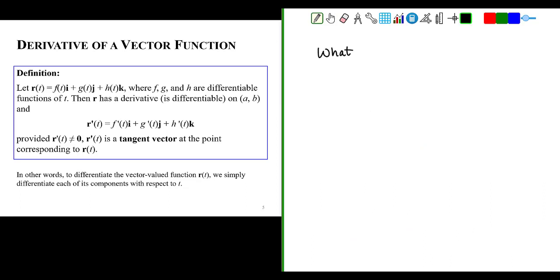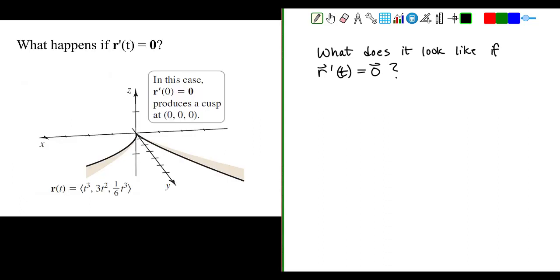You might wonder, what does it look like if r prime of t does in fact equal the 0 vector? For this example, the position vector is given as t cubed for the x component, 3t squared for the y component, 1 over 6 t cubed for the z component.